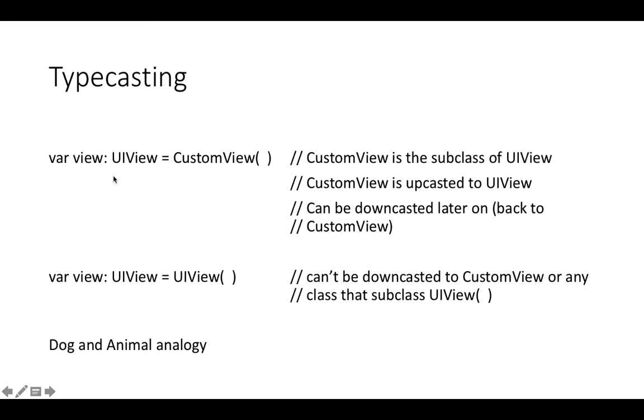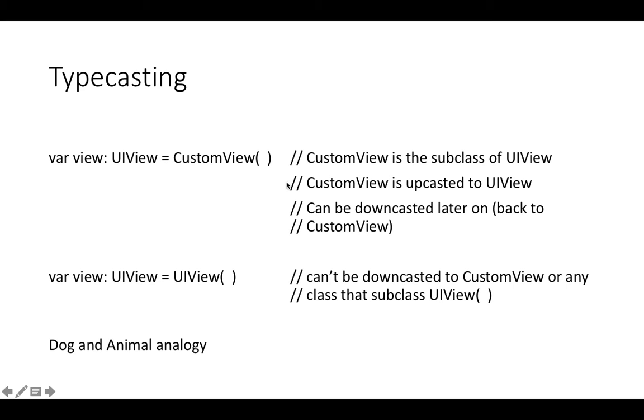What is happening here is the CustomView is upcasted to UIView before being assigned to view. Okay, if this analogy may help, I will treat CustomView as a Dog and UIView as an Animal.